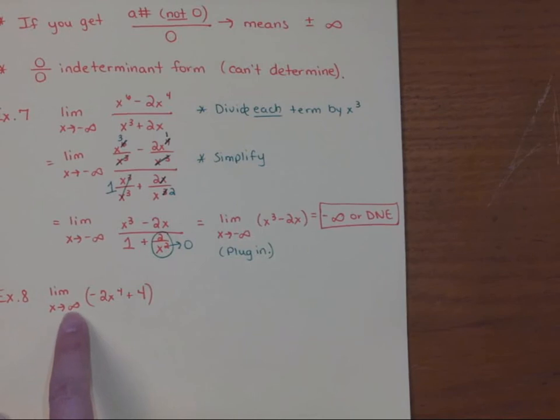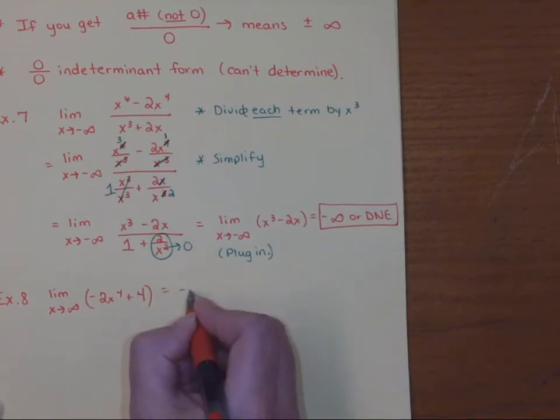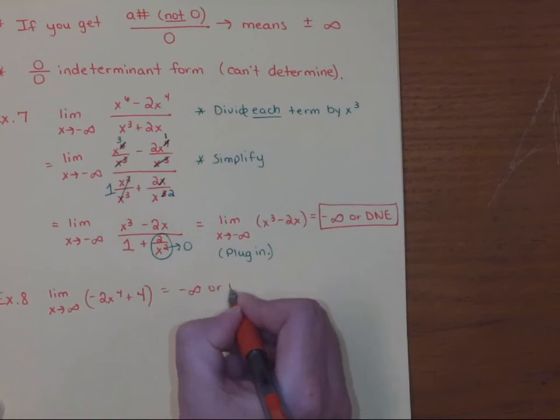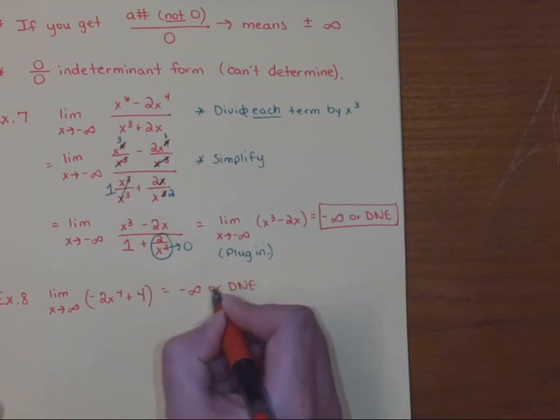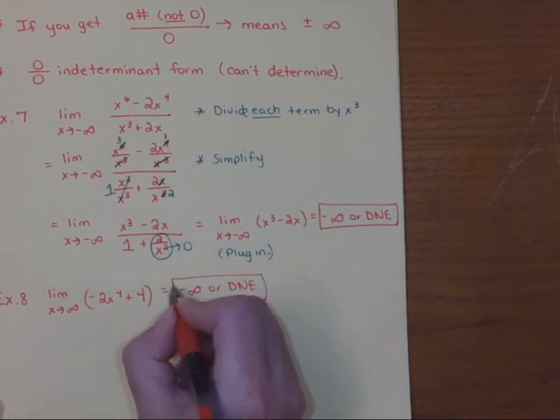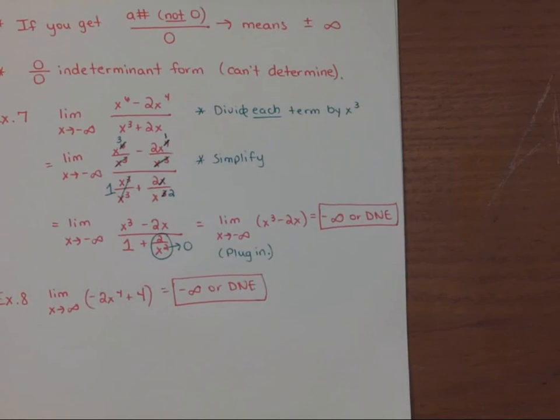So in this case, you just need to picture what happens if I plug a really large positive number in and I raise it to the 4th power. Okay, ignore the negative 2 for now because we're doing order of operations. So big number to the 4th power would be a big positive number, but then I'm going to multiply it by a negative 2. So this one's also going to be negative infinity. And remember, anytime we get a limit of infinity or negative infinity, we say the limit doesn't exist.